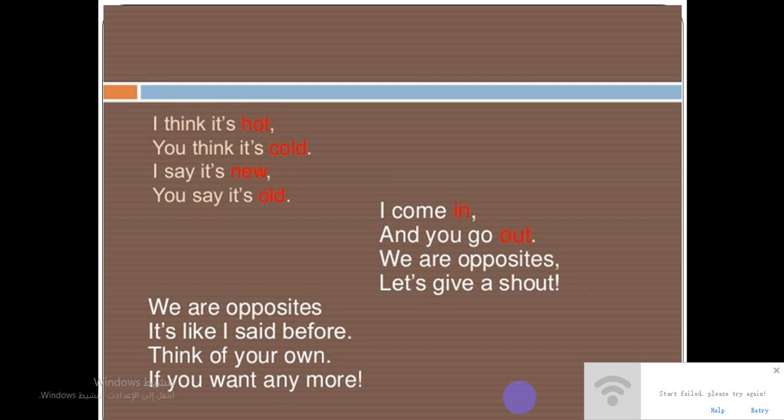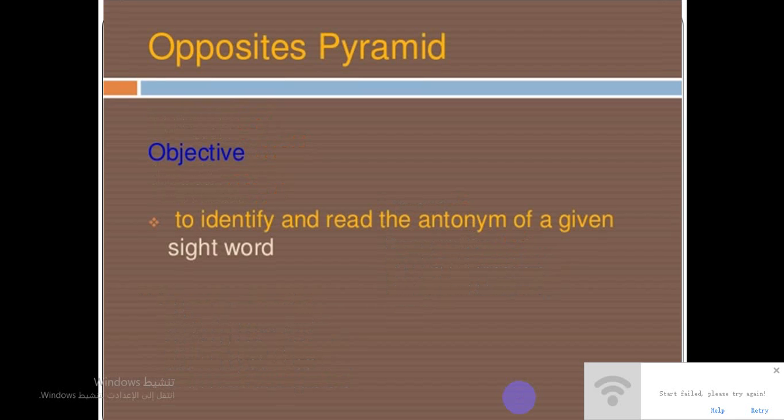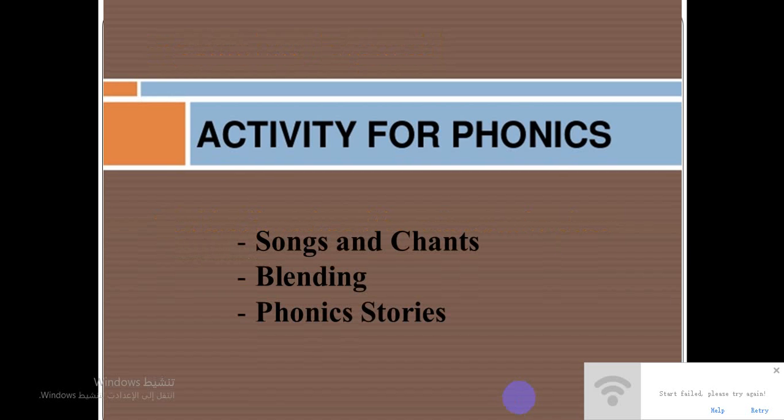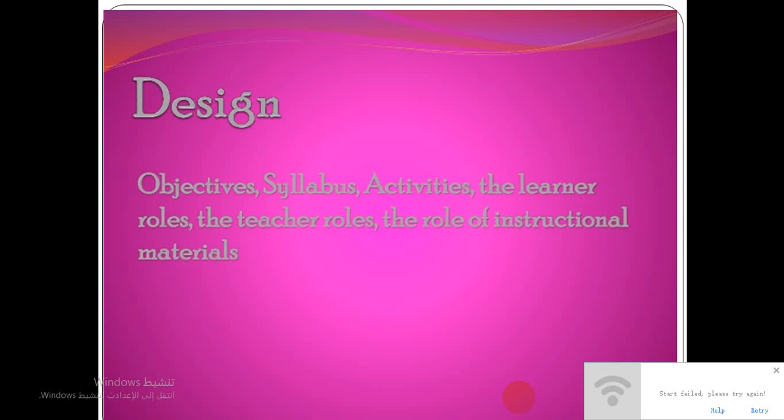In the Opposites Pyramid activity, the main objective is to identify and read the antonym of a given sight word. Activities for the phonics approach are songs and chants, blending, and phonics stories.